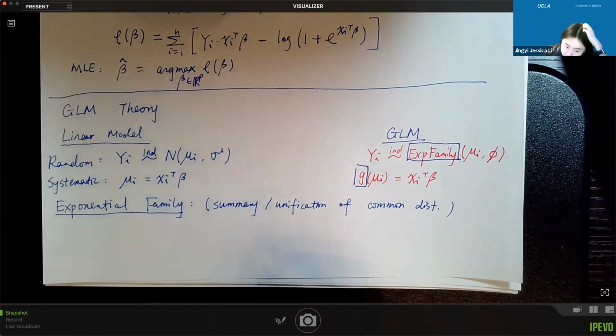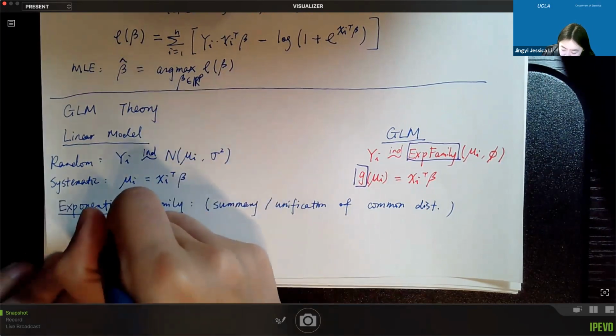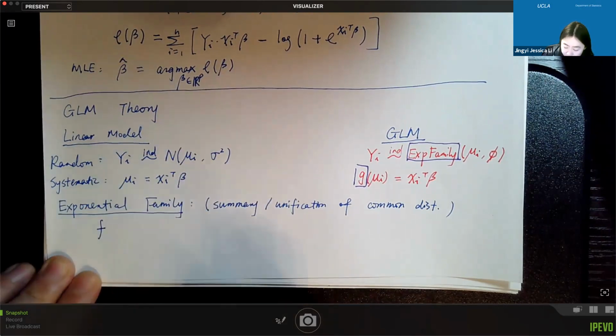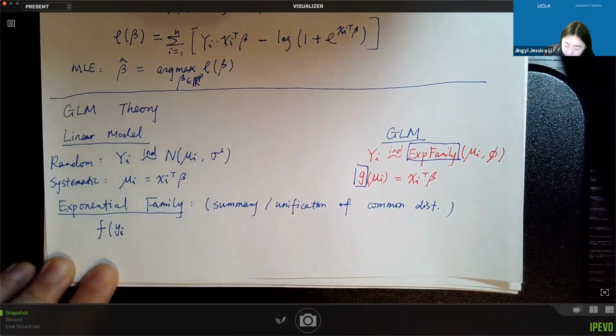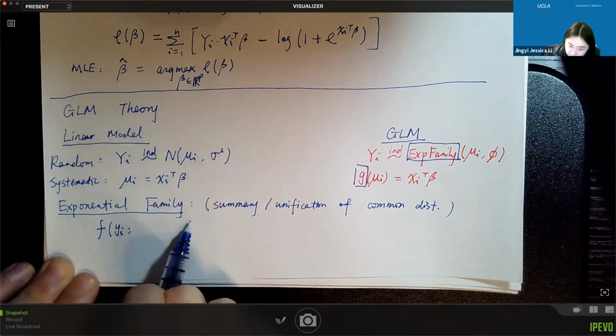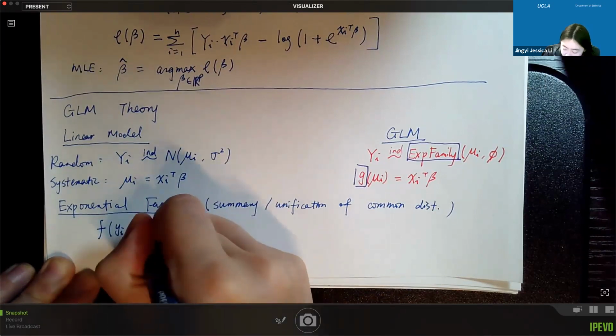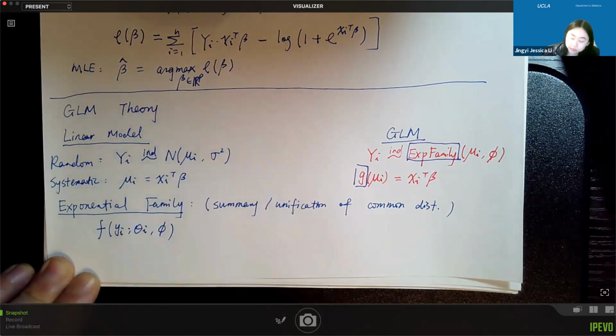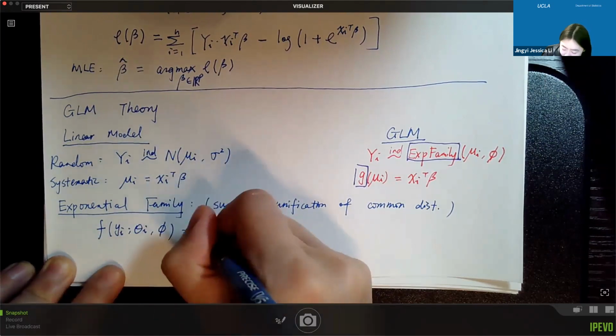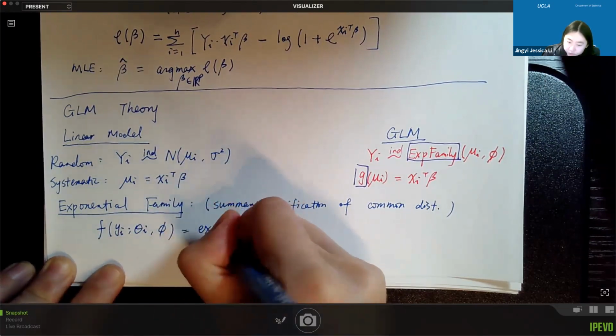So for the exponential family, if we write it with two parameters, a two parameter exponential family, I'll write the density of yi that follows this distribution with two parameters. I'm going to use the notation theta i and phi here. The form, by the name, is an exponential function.